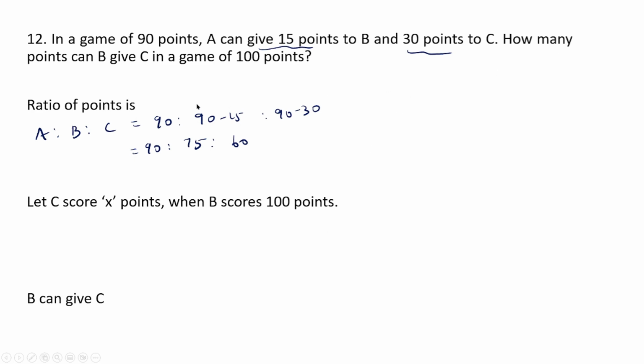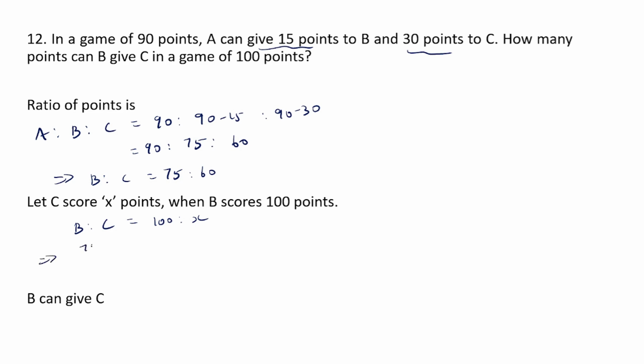Now we have to find how many points can B give C in a game of 100 points. So let C score x points when B scores 100 points. So from this we have ratio of B is to C as 100 is to x. So from here B is to C is 75 is to 60.